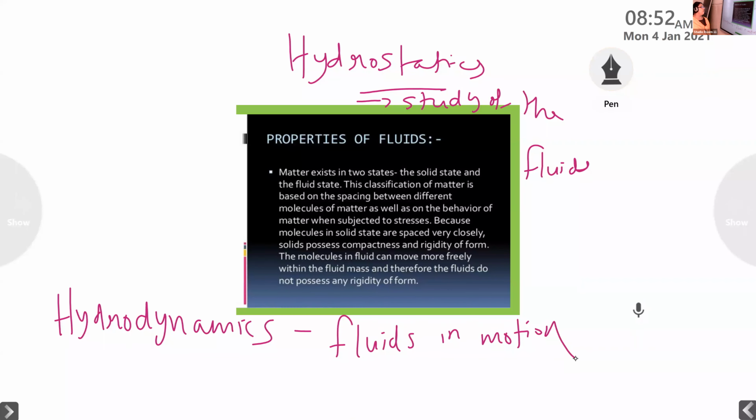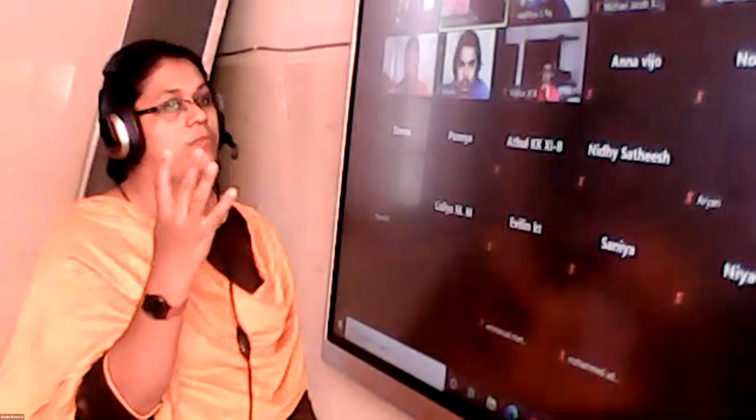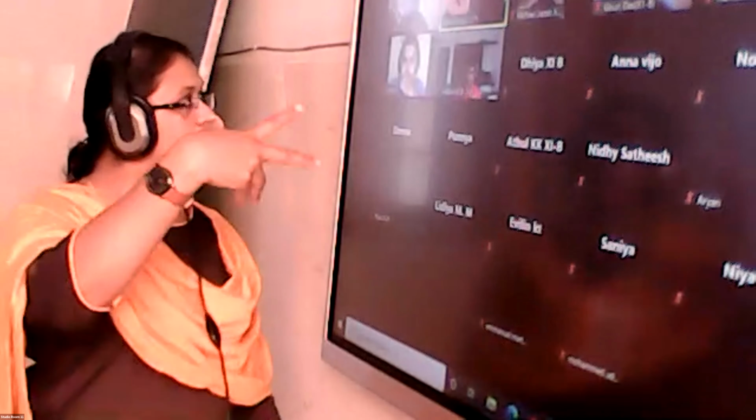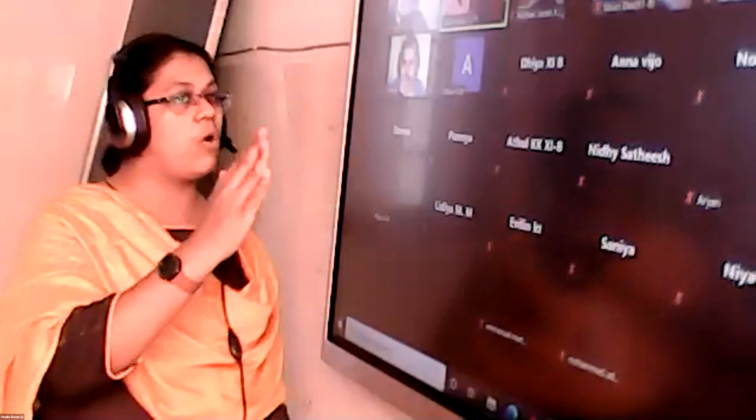So what are fluids? Already you have learned that matter exists in two states, solid state and fluid state. This classification of matter is based on the spacing between different molecules and the behavior of matter. Mainly we learn that the states of matter are three: solid, liquid, gases. But in normal scientific theory, we have only two states: solid state and fluid state.